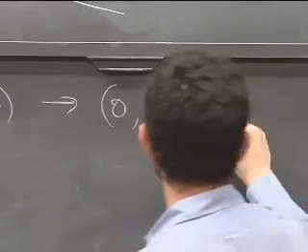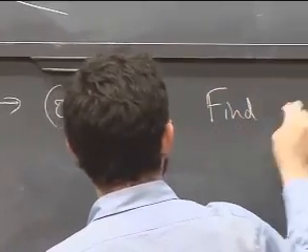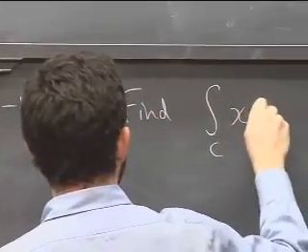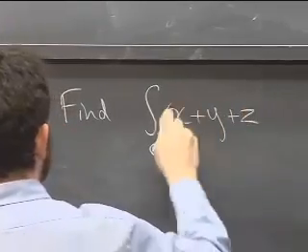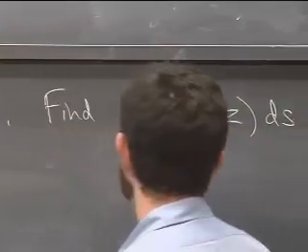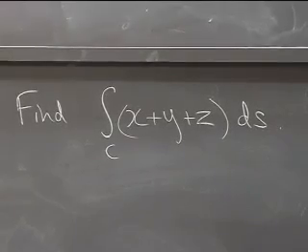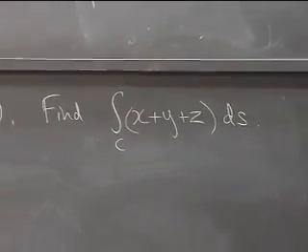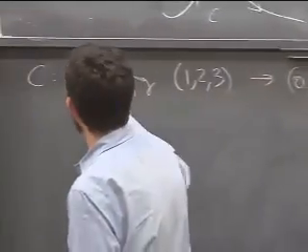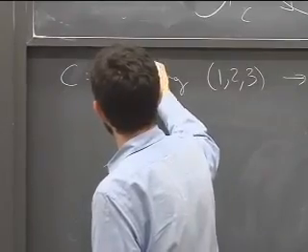And the question is, find the line integral of x plus y plus z ds. Not such a hard example. We have to follow the procedure. There's only one piece, it's just a line. I say line, I should say line segment. That's more accurate. Lines go on forever.